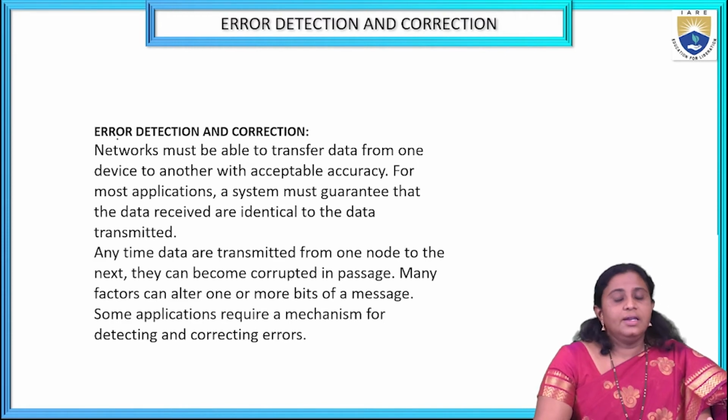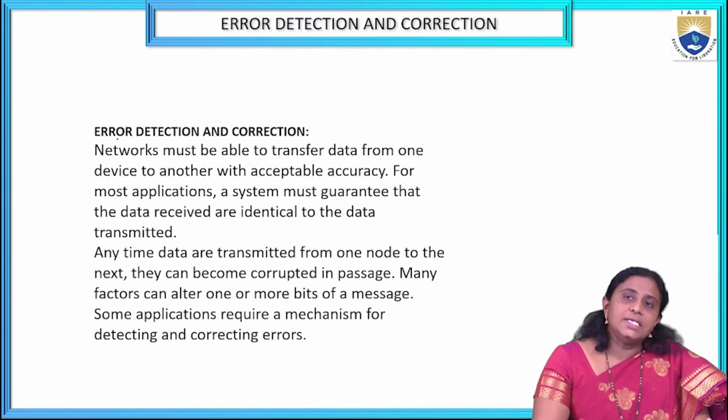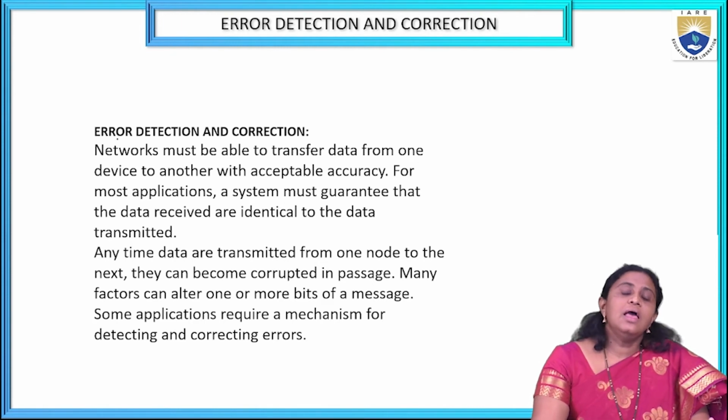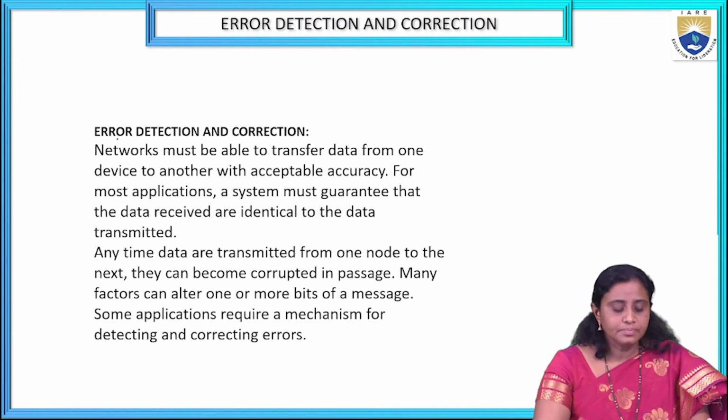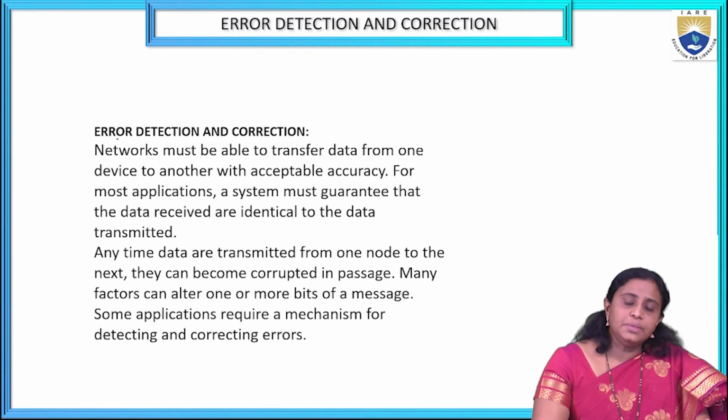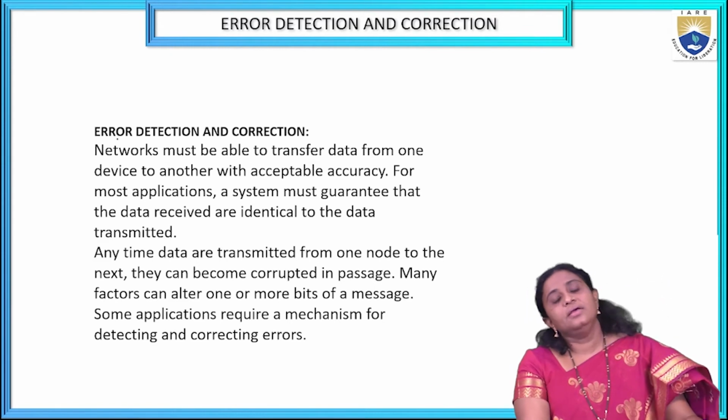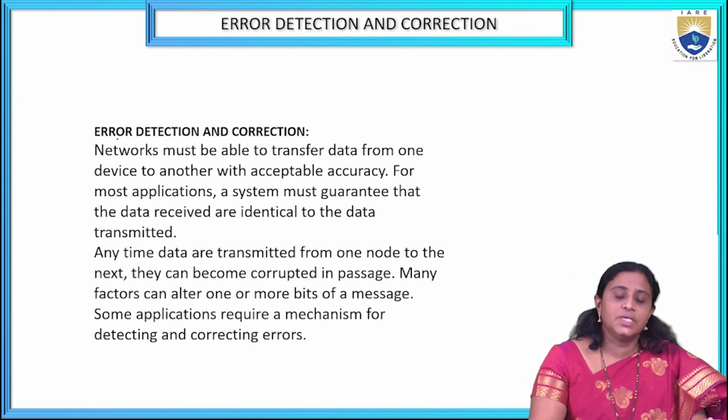So here the networks must be able to transfer data from one device to another with acceptable accuracy. For most applications, a system must guarantee that the data received are identical to the data transmitted. Anytime data is transmitted from one node to another node, it can become corrupted in the middle under any circumstances.